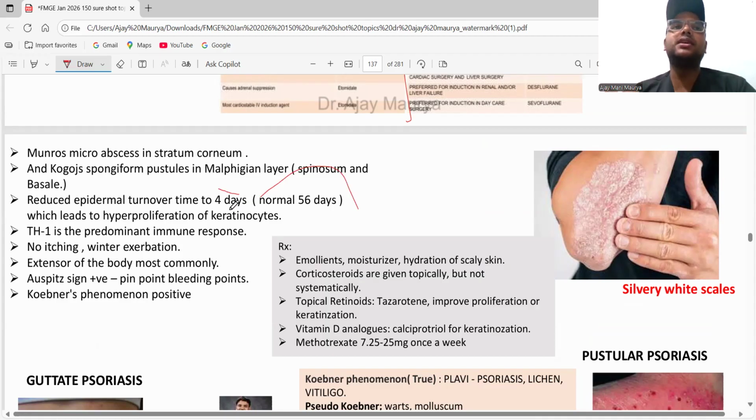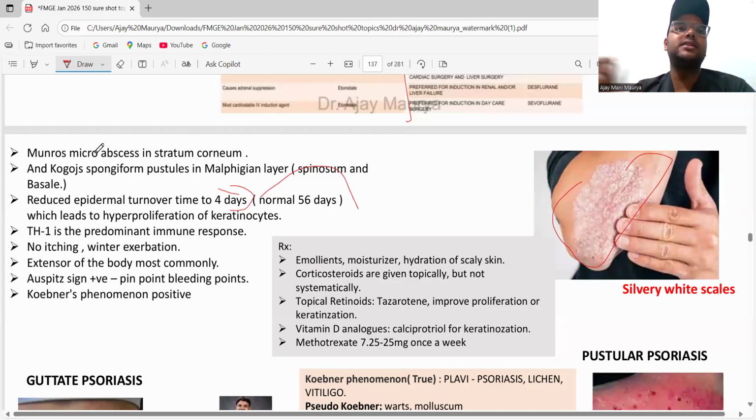But here, within 4 days only, it turns over. Meaning some immature cells are also formed very fast. That's the main pathology here. The epidermal turnover time is 56 days, but in psoriasis it's only 4 days, which leads to hyperproliferation of the keratinocytes.